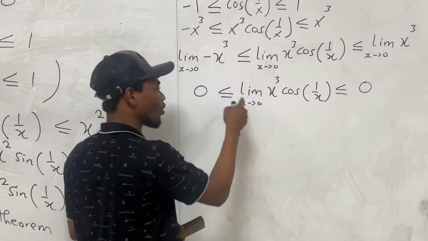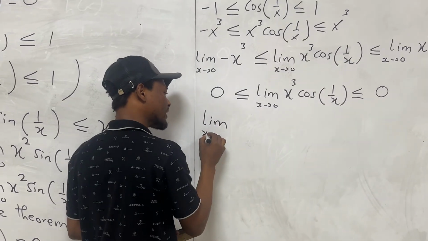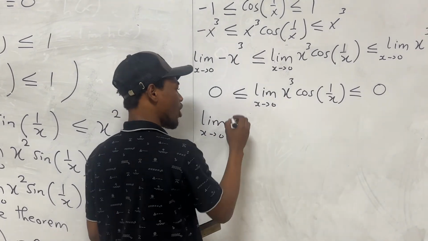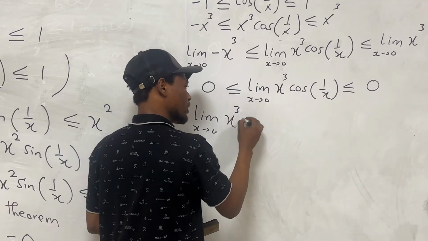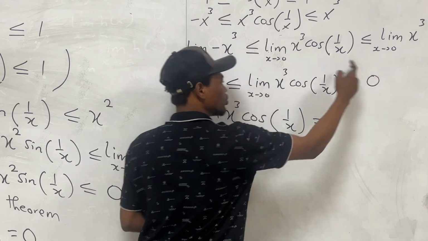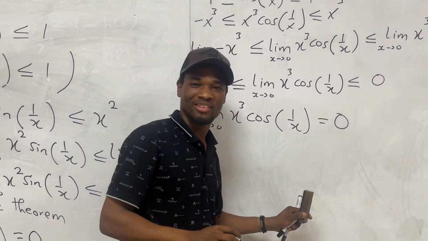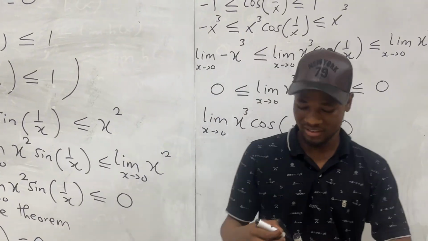So you can conclude that the limit as x approaches 0 of x cubed times cos 1 over x is equal to 0. As simple as that.